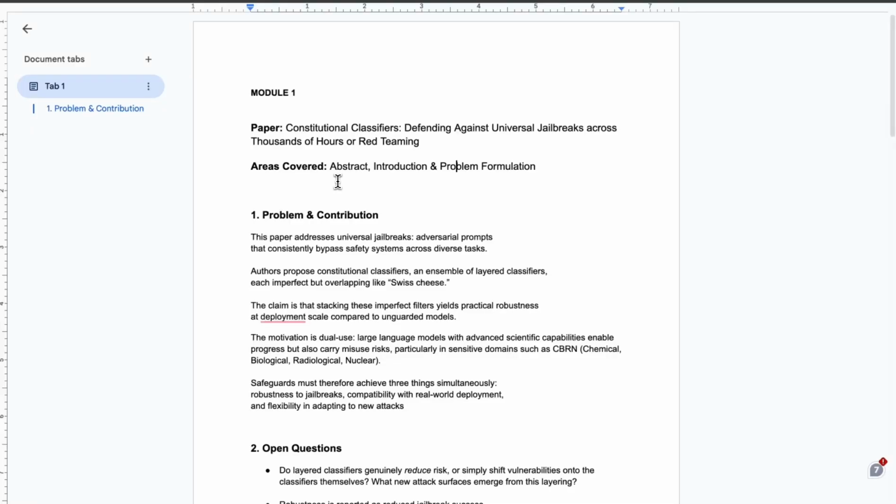And this is the doc, and these are the areas that have been covered for this video, the areas that I've compiled my thoughts into. Starting with problem and contribution, the paper is aiming at universal jailbreaks, which are an interesting, systematic way of getting responses from a large language model. It's systematic, and the most important thing about universal is that it's reliable.